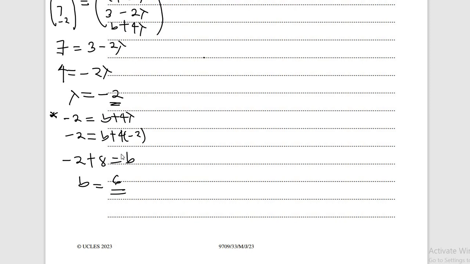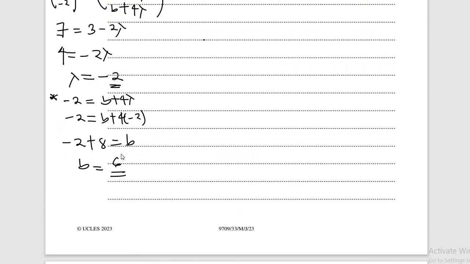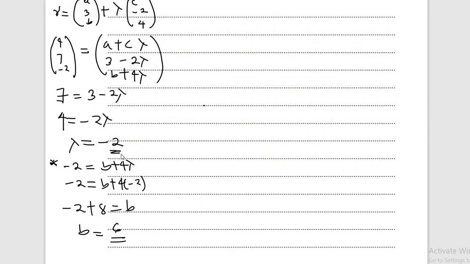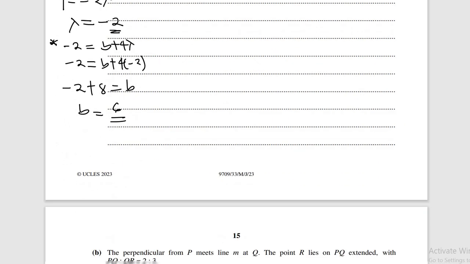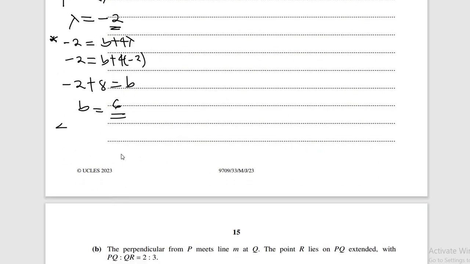So I can get A from the first column. The first column is 4 equal to A plus C lambda. Lambda is minus 2. C is minus 5, right? If I'm not mistaken, C is minus 5.